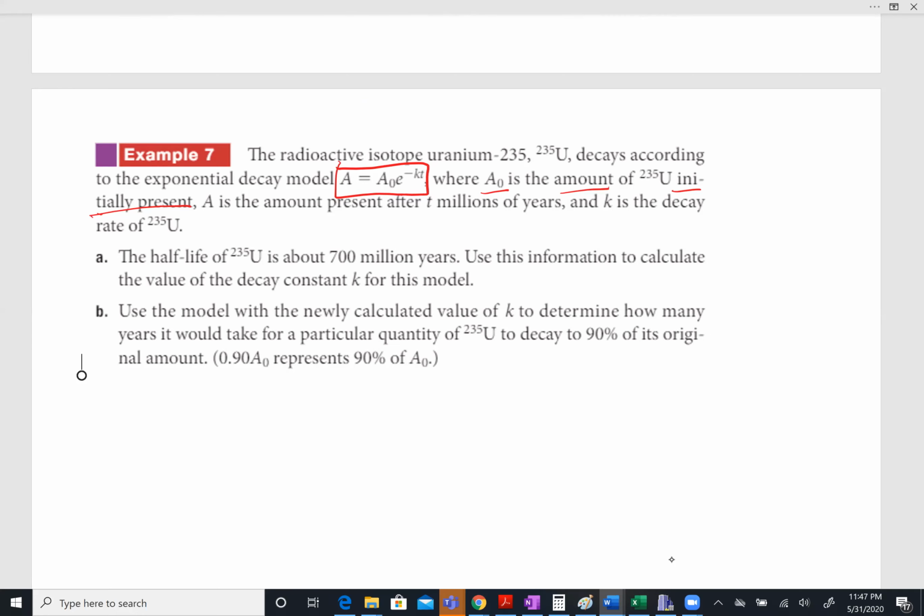And A is the amount present after t million years. Okay? So in here, t is in units of millions of years, not years. And k is the decay rate.